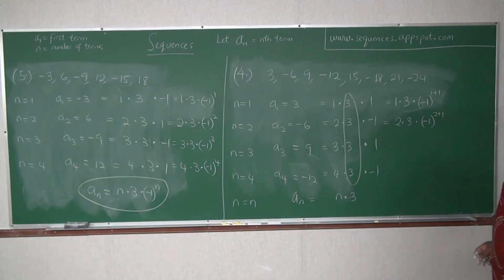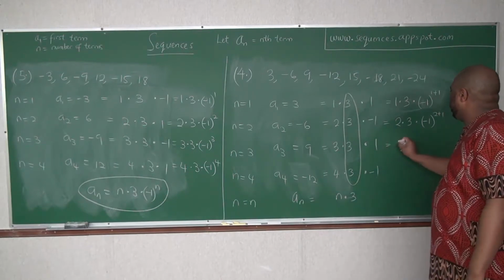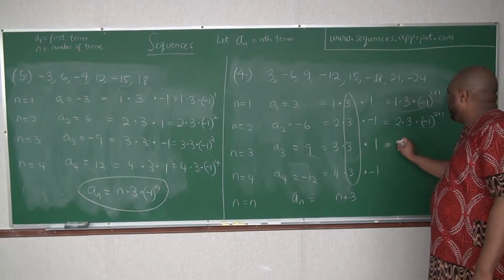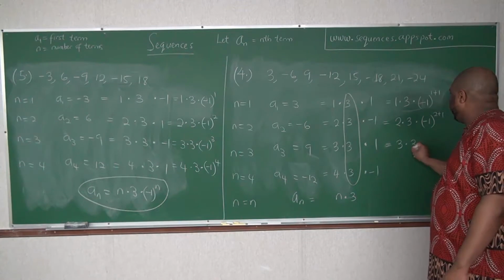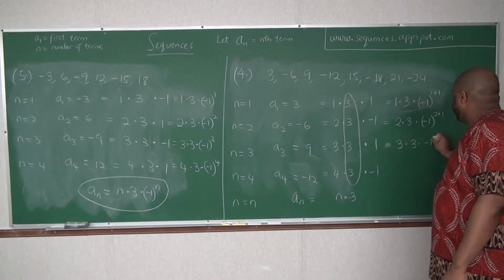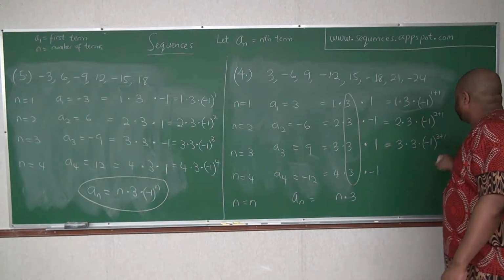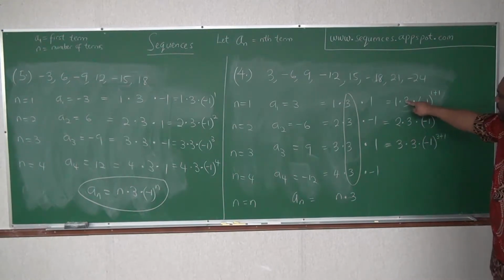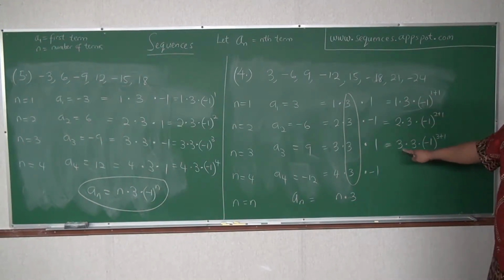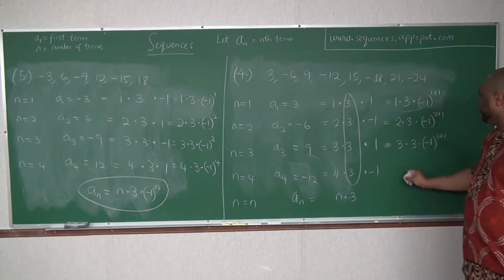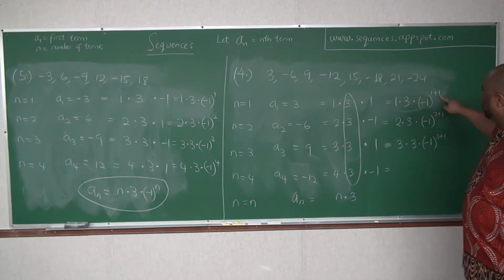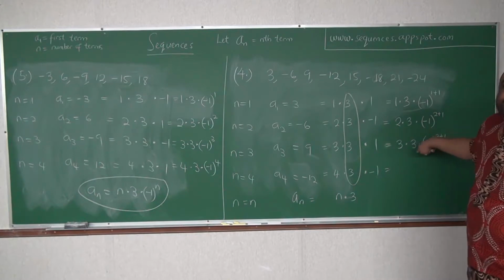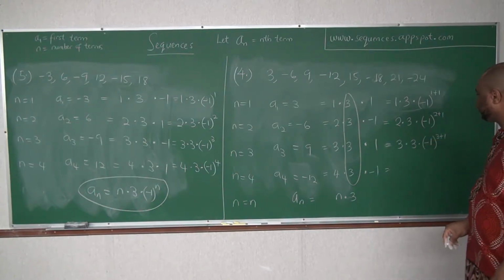Here you can say 3 times 3 times negative 1 exponent 3 plus 1. Now remember, it is just this 3 that is constant. The rest changes. The 3 here and then the plus 1 in the exponent are the constants.